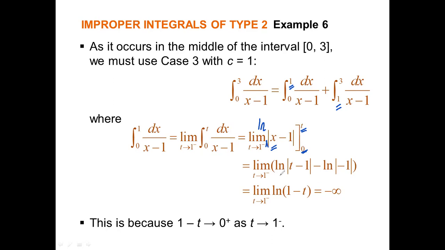Why? Here, your original is ln of t minus 1. Here, what happened is it's the limit of the ln of 1 minus t. Why is this like this?